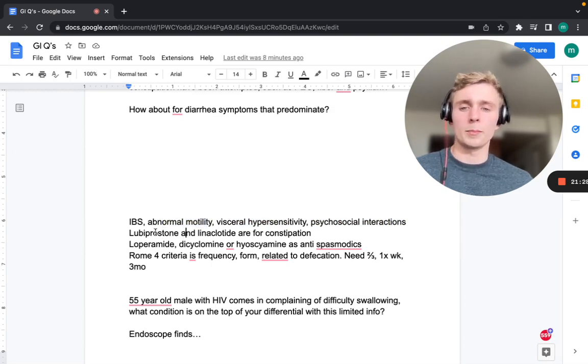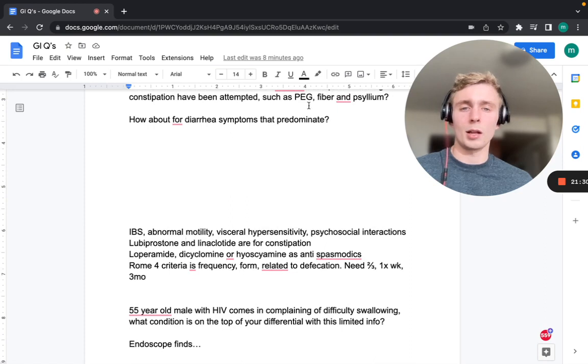What can we use for the constipation after we already tried a few things like polyethylene glycol, fiber, and psyllium, which are our first lines? We can do some classic treatments called lubiprostone and linaclotide. I've had actual questions about these, so they definitely do ask it. And what if they're refractory to conservative management for the diarrhea?